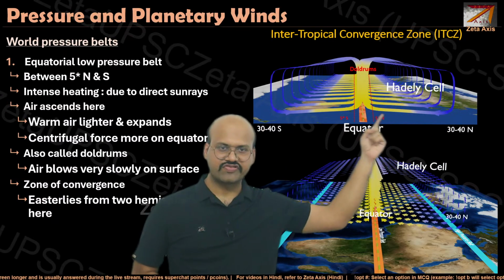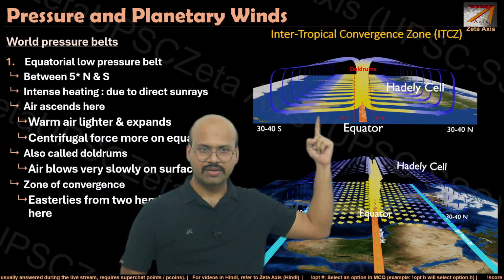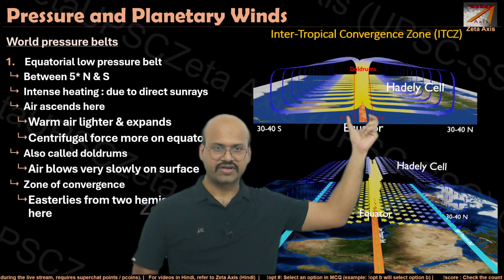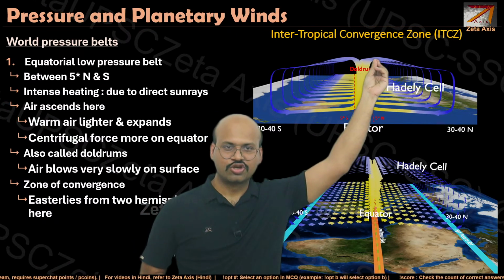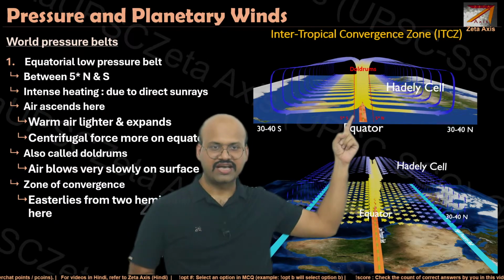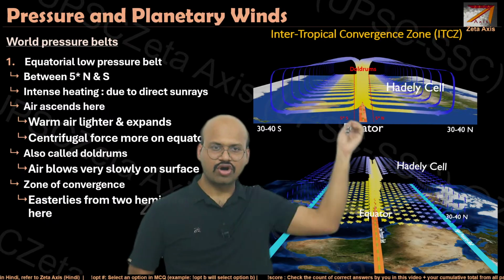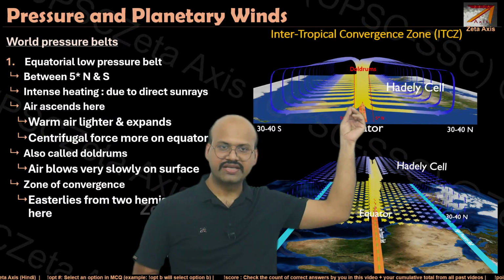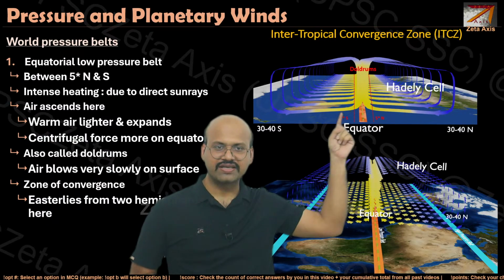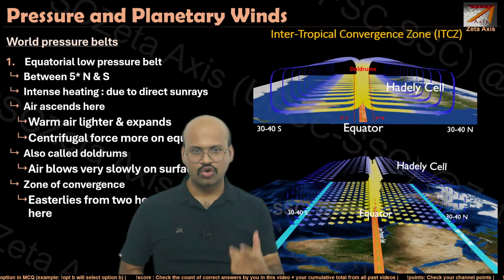Wind from the northern hemisphere as well as the southern hemisphere comes over here, merges, and rises. So this region has low pressure because air is moving out of it, moving up, and there is a decrease in pressure. That is why this region has permanent low pressure.